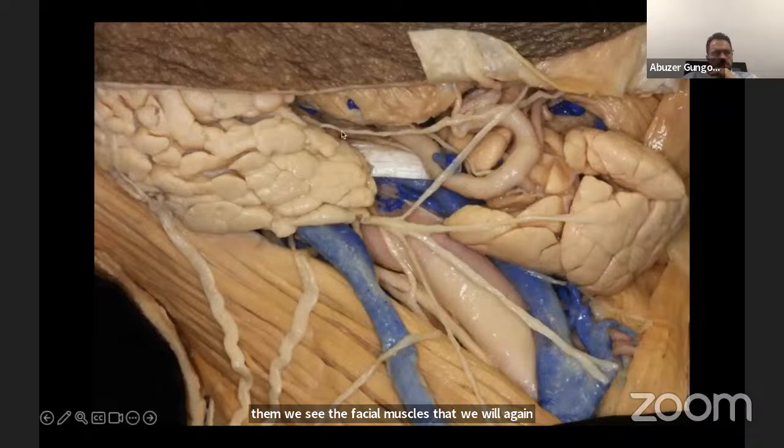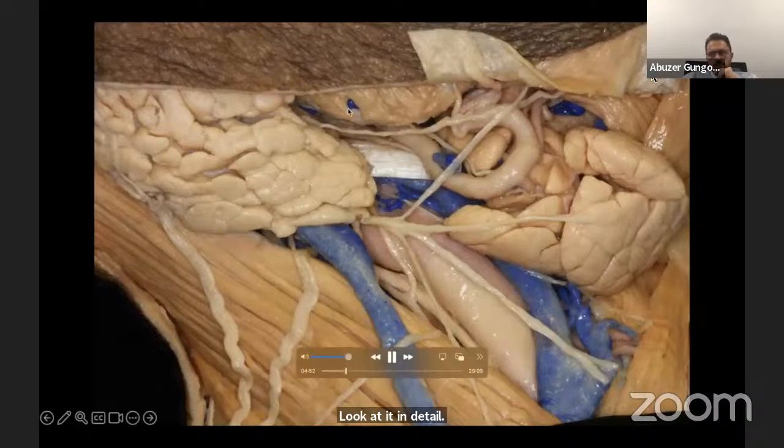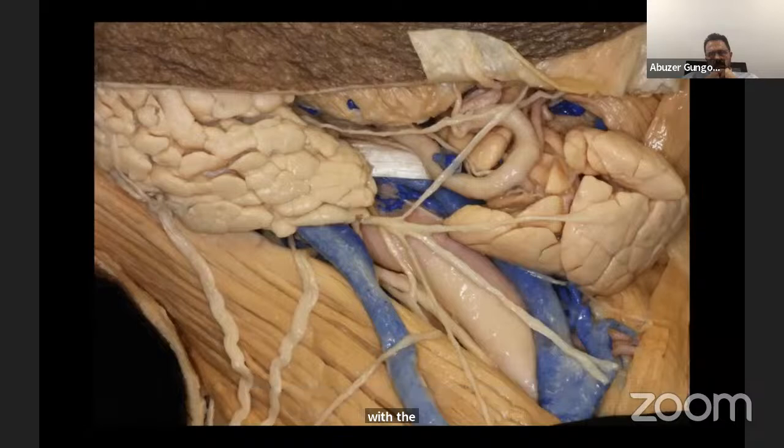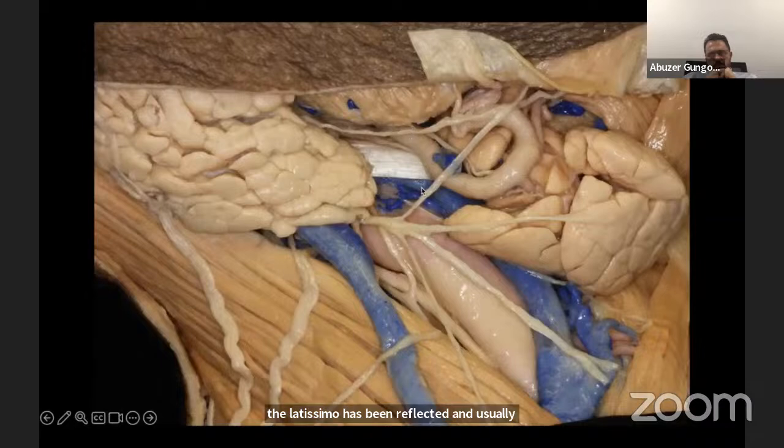This is the marginal mandibular branch and the bone of the mandible with the platysma colli reflected. Usually the incision is safer about 2 centimeters below the angle of the mandible to avoid damage to the marginal mandibular branch of the facial nerve.